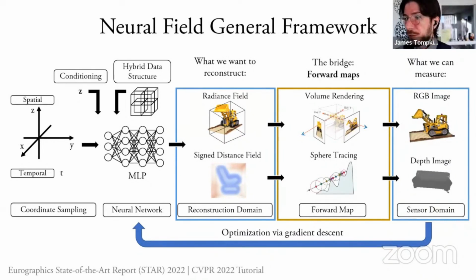Today, I'm going to give you two vignettes of techniques, one that implements a new forward map for neural field optimization, and then one that introduces a hybrid data structure for neural fields. And this is how we're going to solve problems within visual computing.